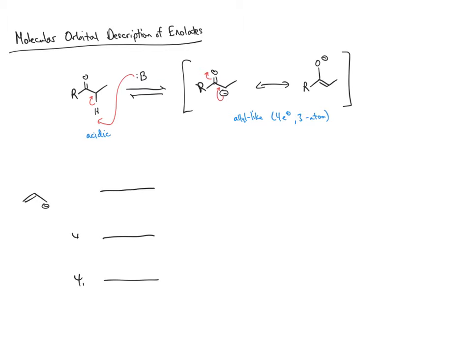These would be the psi1, the psi2, and the psi3 star. In the lowest molecular orbital, we would have 0 nodes, then 1 node, and then 2 nodes, respectively.